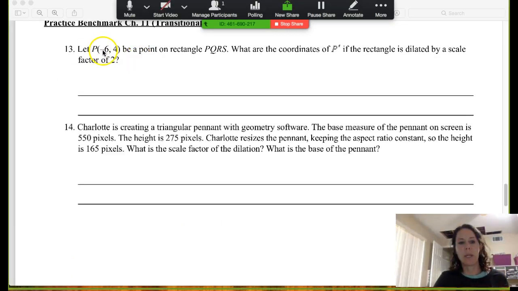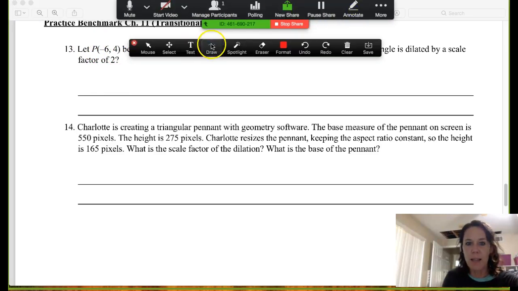Okay, we're going to let P(-6, 4) be a point on this rectangle. What are the coordinates of P prime, the image, if the rectangle is dilated by a scale factor of 2? If it's blown up by a scale factor of 2, that means I have to multiply each of my lengths by 2. So I'm just going to take each of my coordinate points and multiply it by 2.